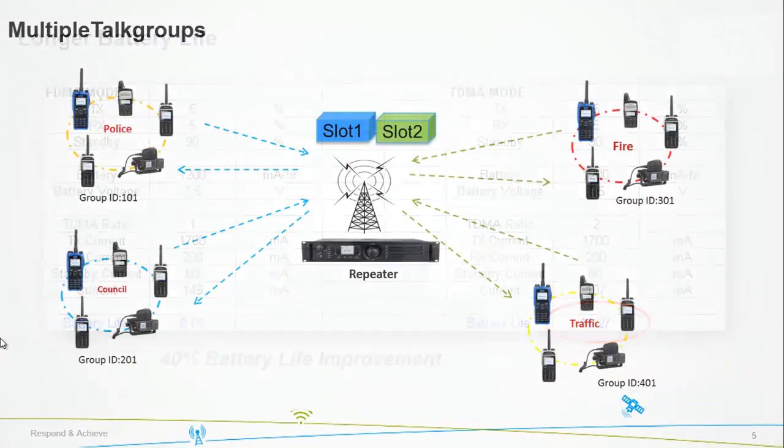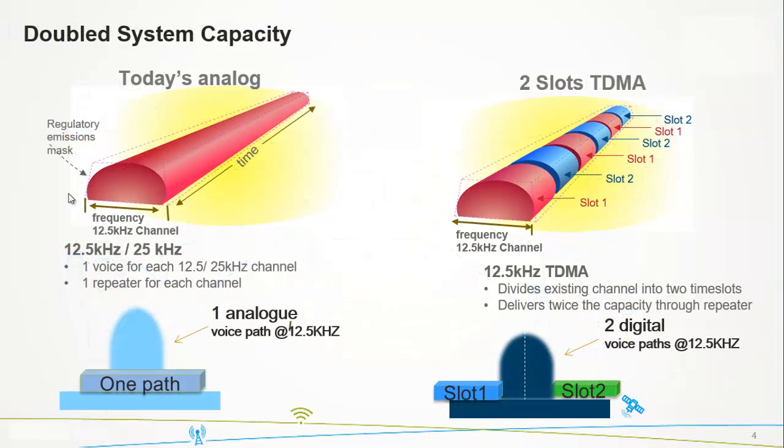Now, as I've said a while ago, if you look at the TDMA, for example, if only one channel is being used, or one slot is being used in the TDMA, the other slot is idle, which means that there is no power being used to transmit since there is no one using it, right?